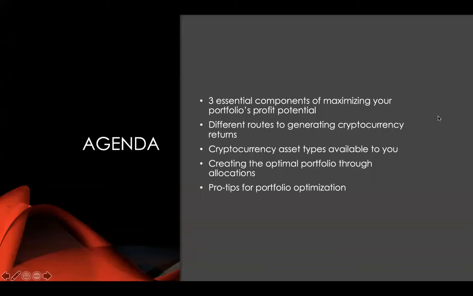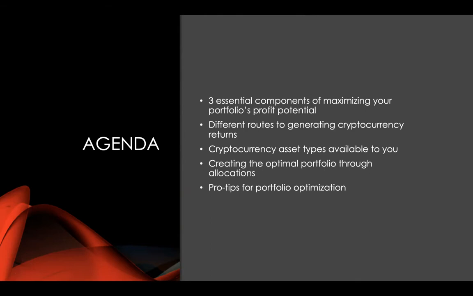Let's start off here with the agenda. There are 5 different things that we're going to be talking about. First, we're going to start off with the 3 essential components of maximizing your portfolio's profit potential. From there, we'll move into the different routes to generating cryptocurrency returns. There are several. Then we'll go into the cryptocurrency asset types available to you.